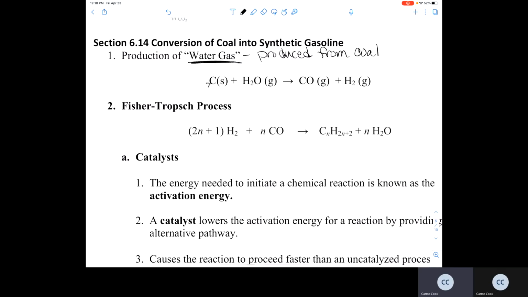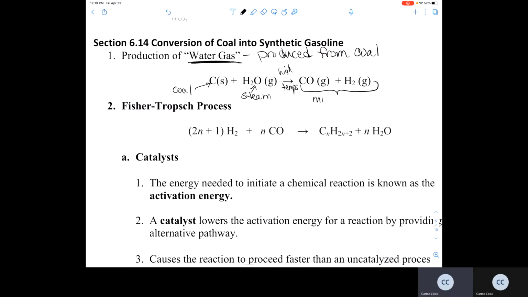The coal is reacted with steam under very high temperatures, and what's produced is carbon monoxide and hydrogen gases.